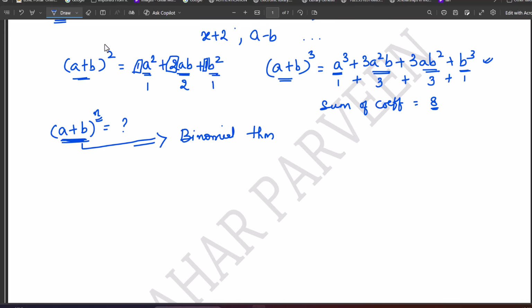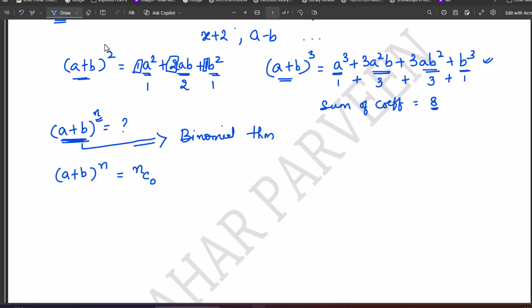Okay, so I will write and show you the binomial theorem for this expression (a plus b) whole to the power n. So here you will have nC0. See here permutations and combinations term is coming, nC0, nCr, that is our permutation combination term, right?